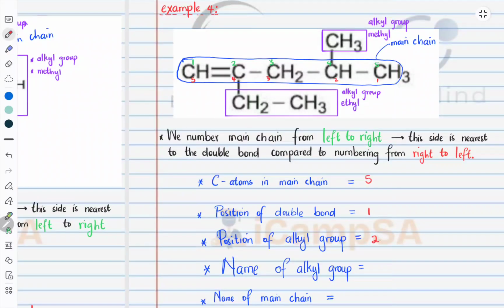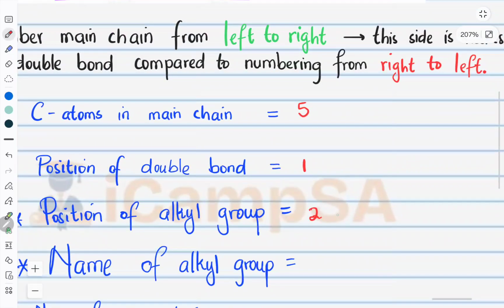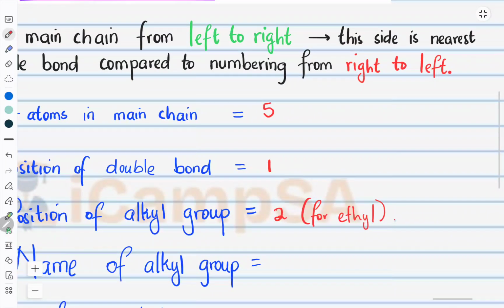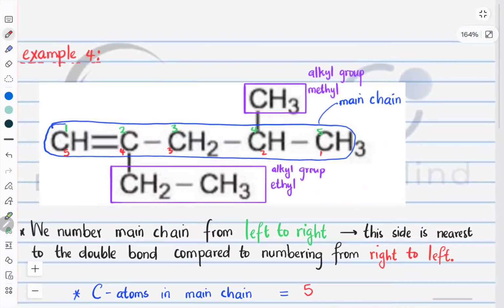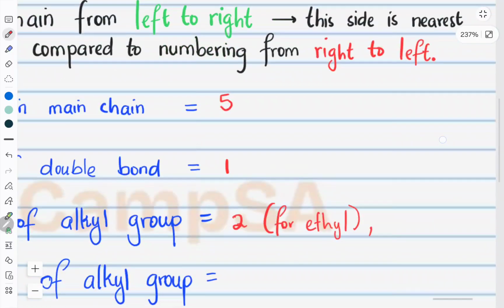There's 2 for ethyl. And then there's also, which is the other one, number 4 for methyl.